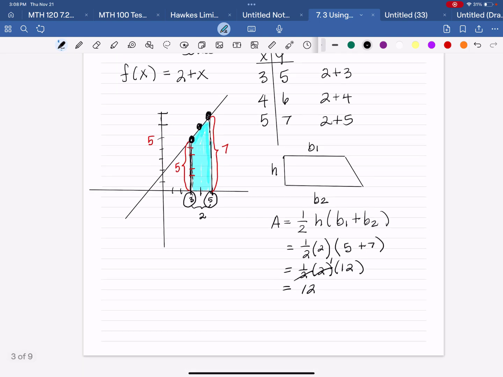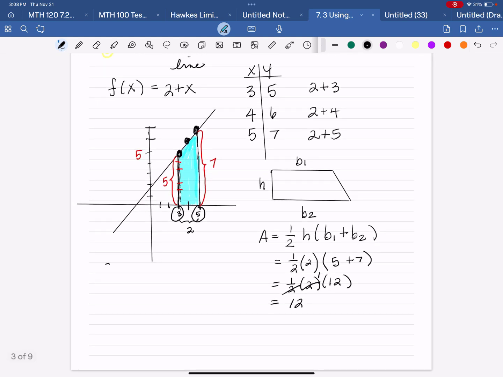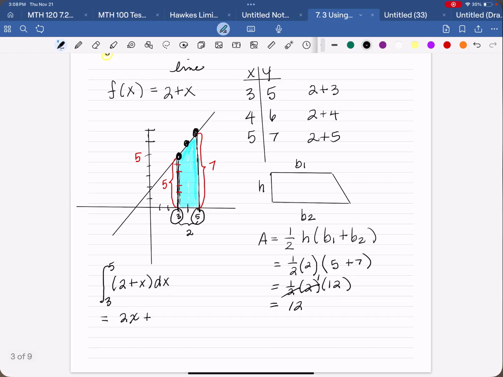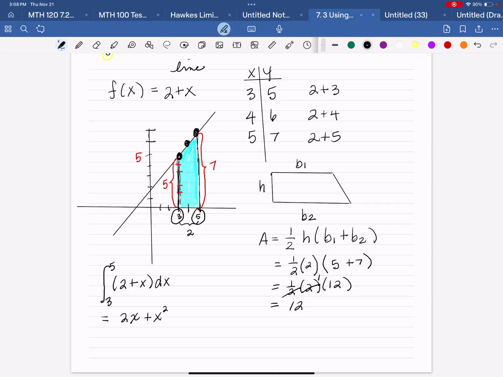Now let's do it by the calculus. You'll see it's actually easier. So from 3 to 5, 2 plus x dx is, well, the integral of 2 is 2x. Integral of x is x to the second divided by 2.